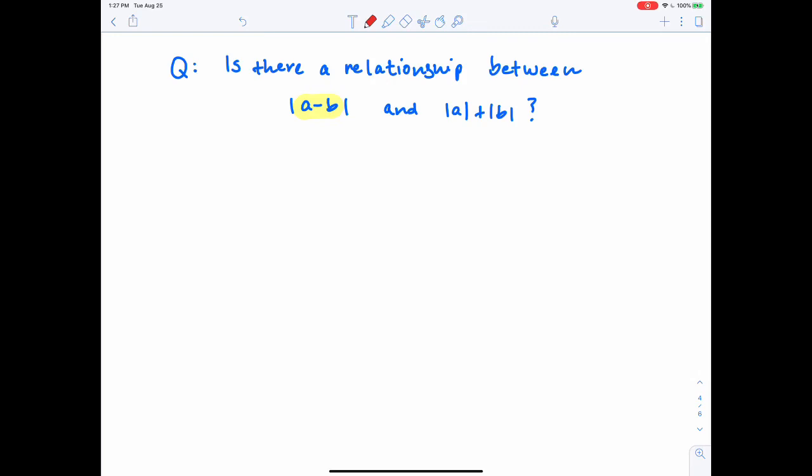So it turns out that yes, there is a relationship. Remember that subtraction is really just addition, and we said the triangle inequality is true for any real number.